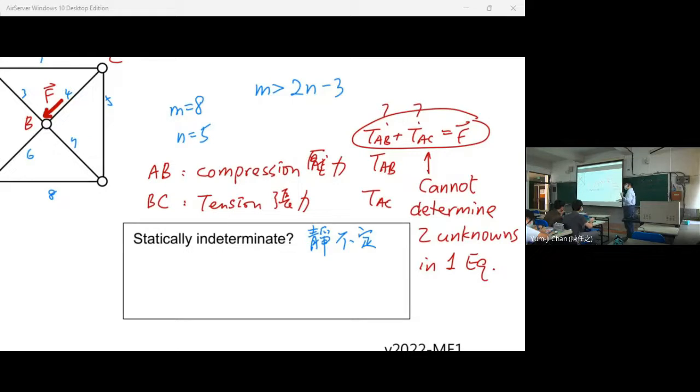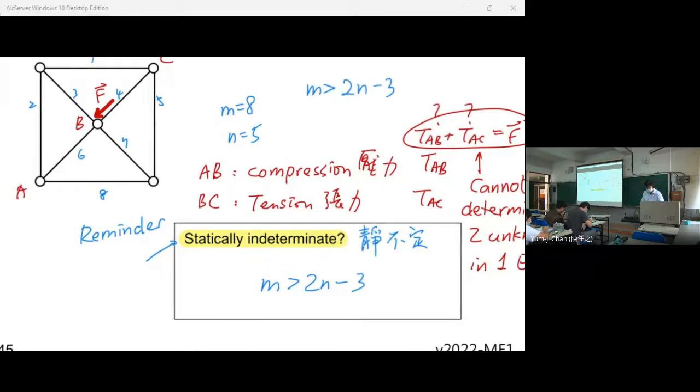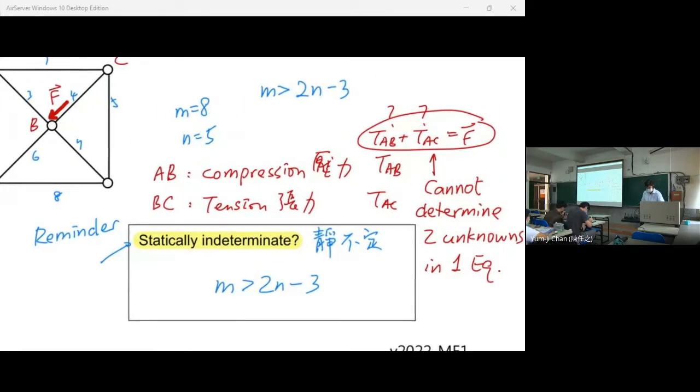So if we have a truss with M larger than 2N minus 3, we call this statically indeterminate.